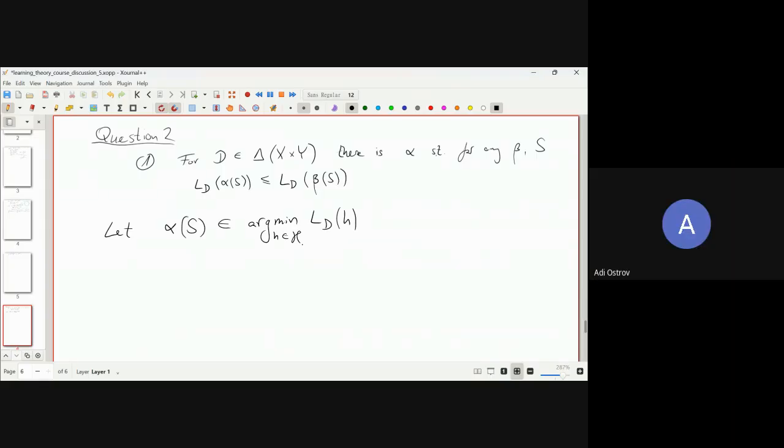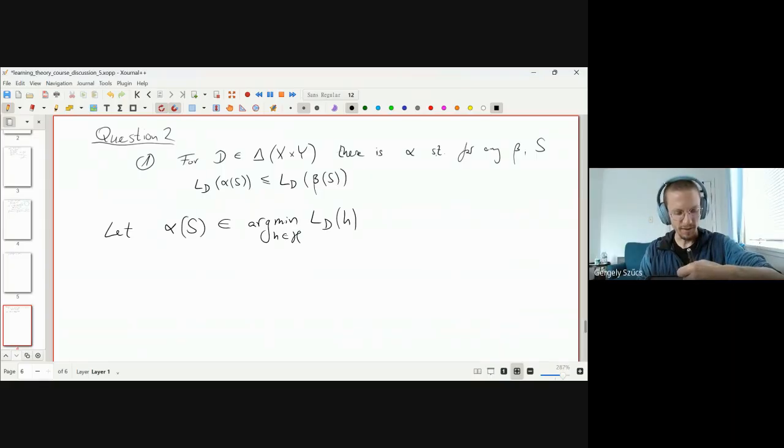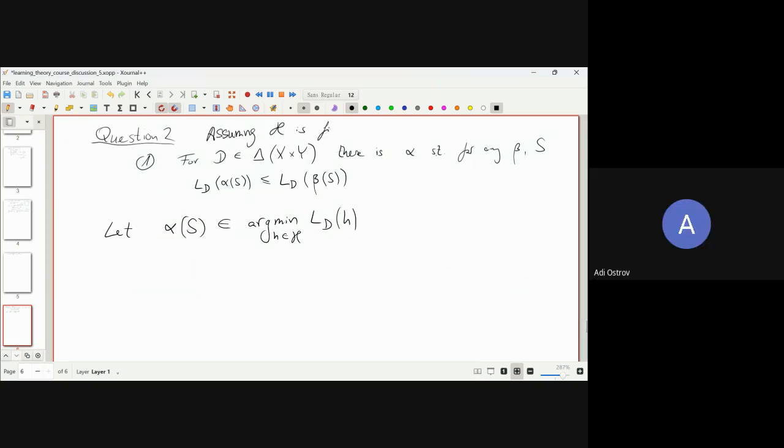If X is not finite, then depending on whether or not H is compact, this might not exist. But anyway, assuming finite, or at least assuming H is finite, we can do this.